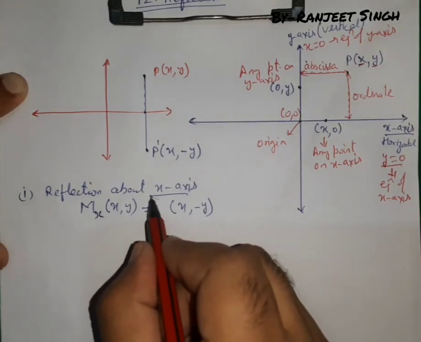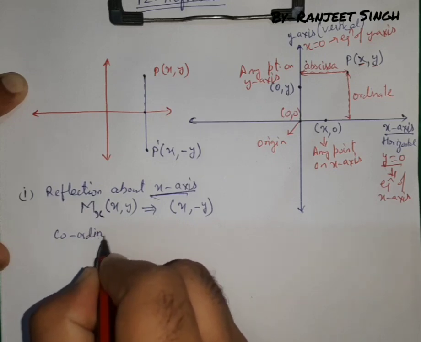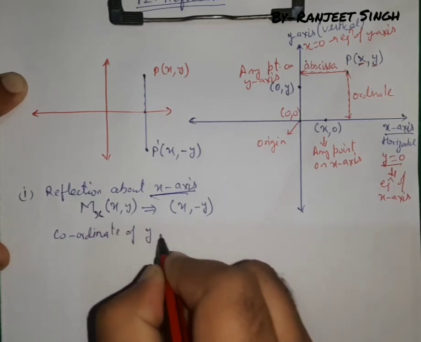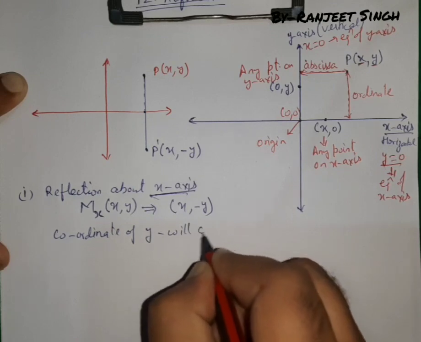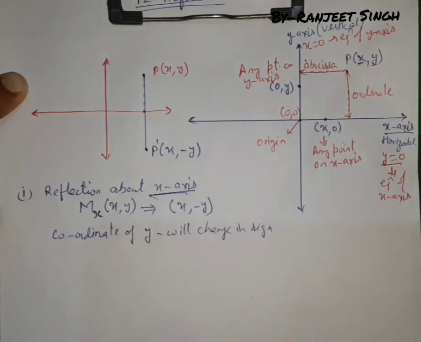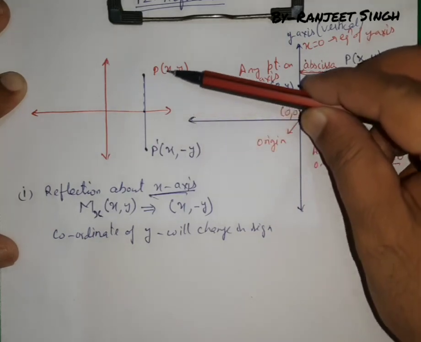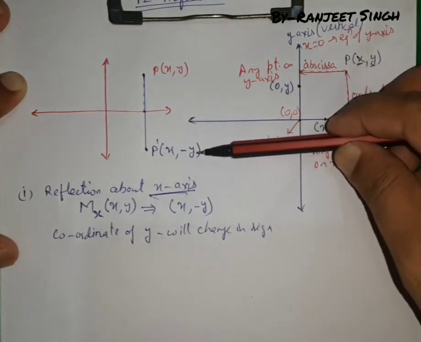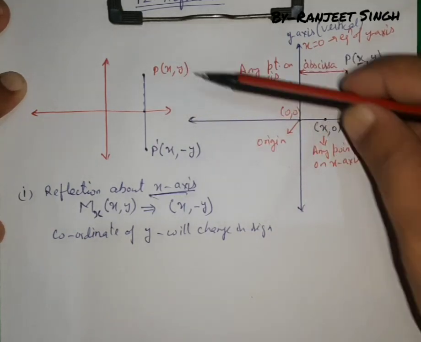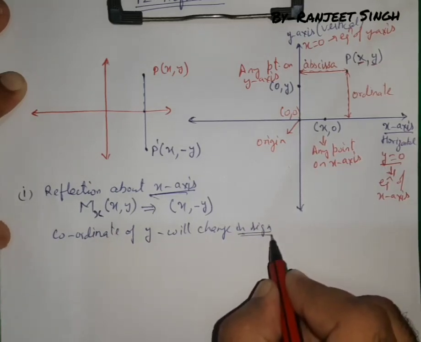In the case of reflection about the x-axis, the coordinate of y will change in sign. If it is plus y, then it will become minus y. Or if I am reflecting this point upward, it will become minus y to plus y. So the value of y will change in sign. Please remember this in reflection about the x-axis.